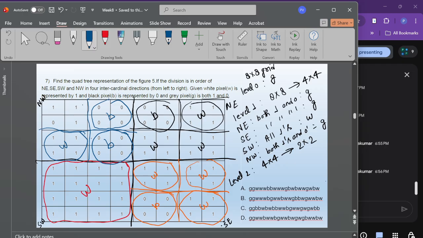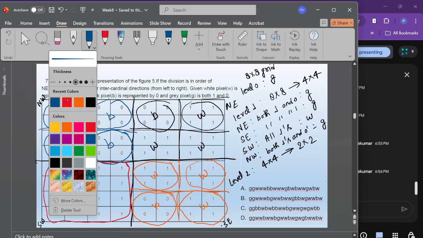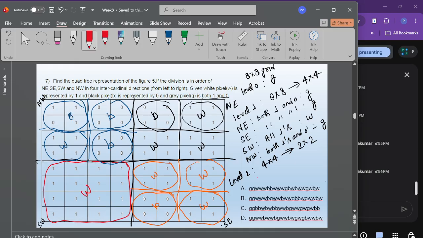Now, if you check this one, it is a mix of both ones and zeros, so it is represented by G. Now it is a combination of both, so we can further divide it again, right? So it is 1 1 1 0. We can represent it as W, W, W, and B, right? So till this, it is clear.